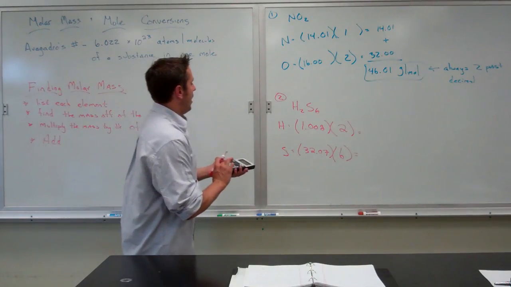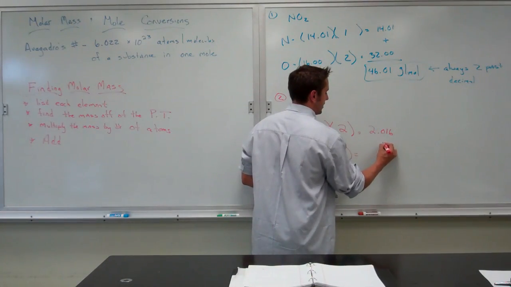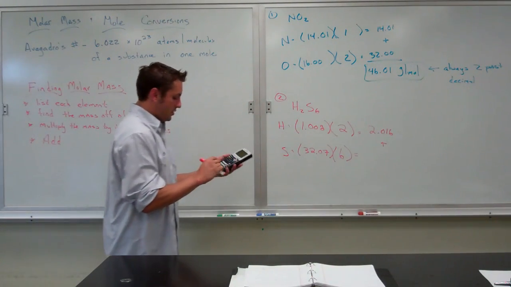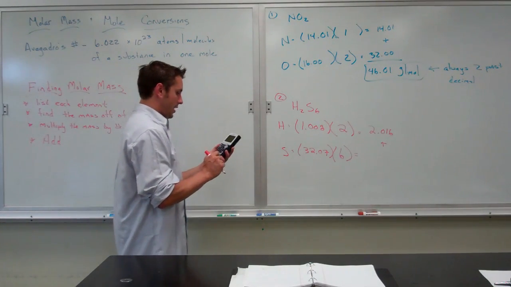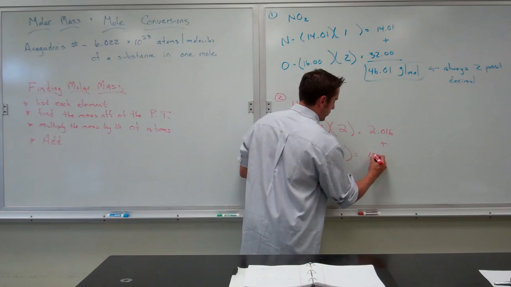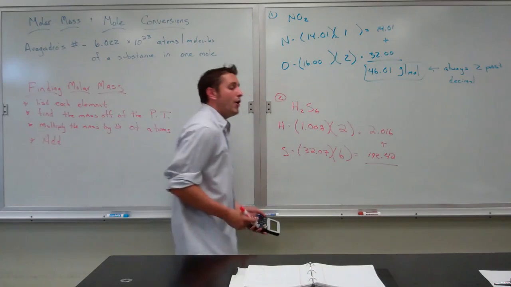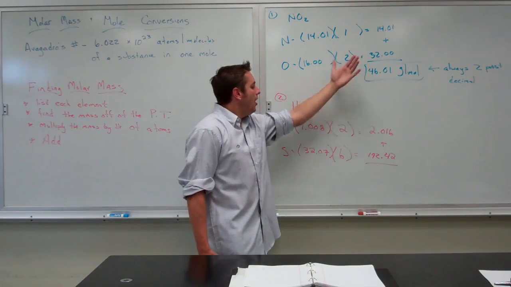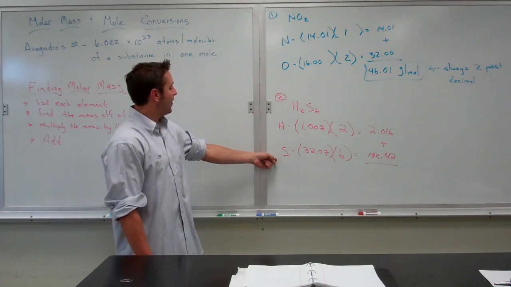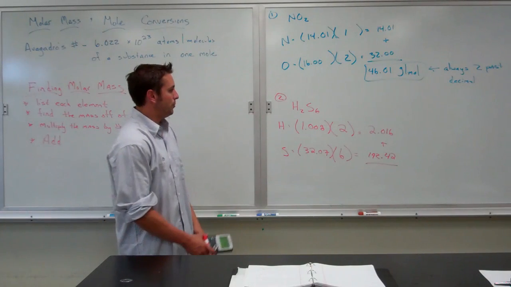And so hydrogen, 2 times 1.008 is going to be 2.016, plus 6 times the 32.07 is going to get us 192.42. And notice, we can still say everything off the table is 2 past, because anytime you have something with hydrogen that isn't hydrogen, it's always going to limit us to 2 places past.